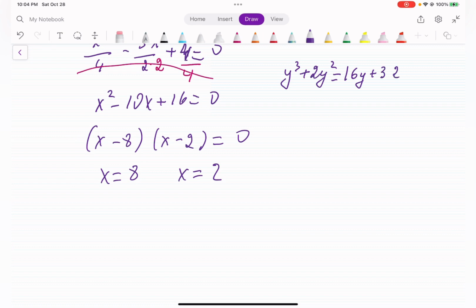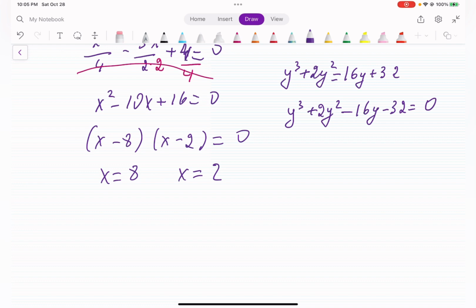Okay, we have cube, we have squared, and we have 32. When we have 4 terms, and they are not like terms, we are going to use the grouping method. Grouping method is applied only for 4 terms.